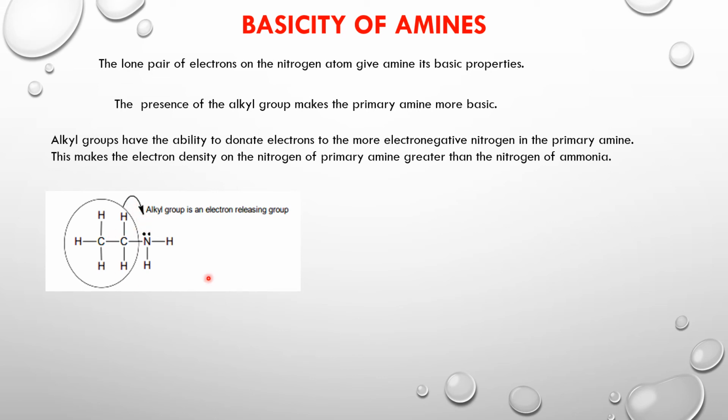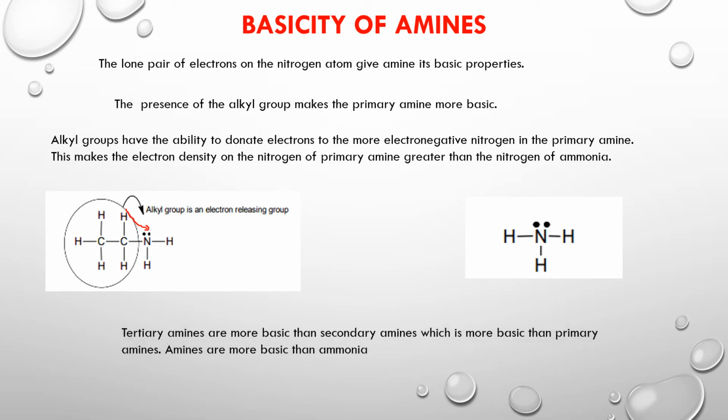In this, what really happens is that there are electrons involved in the alkyl group, and these electrons are attracted very strongly by the nitrogen. So the stronger the attraction is, the more electronegative the nitrogen is going to become. Therefore, it's going to be able to donate the electrons easily, making it more basic. So that is the structure of ammonia.